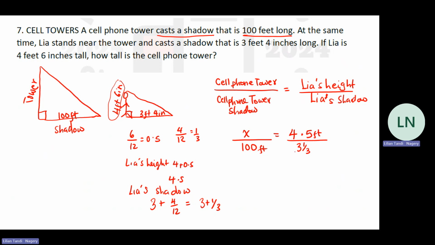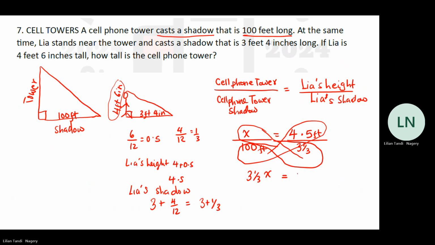Okay. So 3 and 1/3. Now we will do the butterfly method. So here we'll have 3 and 1/3 times x is equal to 100 multiplied by 4 and 5/10, so this will be 450, and this will be 10 out of 3 x.